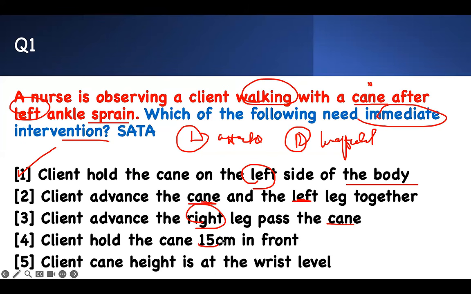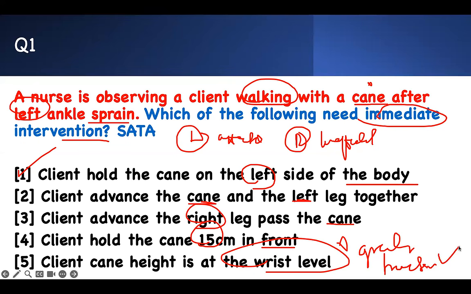The client holds the cane 15 centimeters in front and towards the side of the what? The unaffected side, which is the right. Client cane height is at the wrist. Sometimes it's at the wrist or the greater trochanter. So just pay attention. If they don't put greater trochanter, they will give you the wrist.